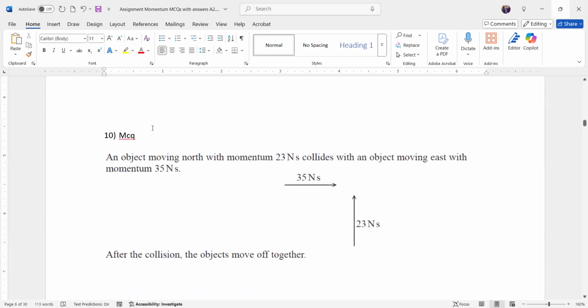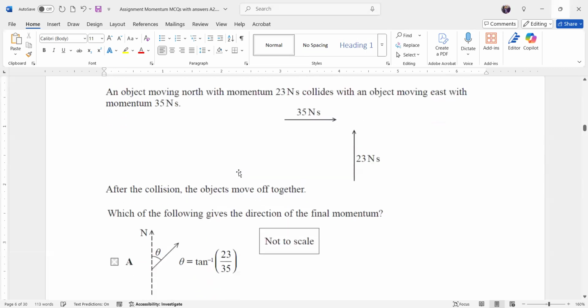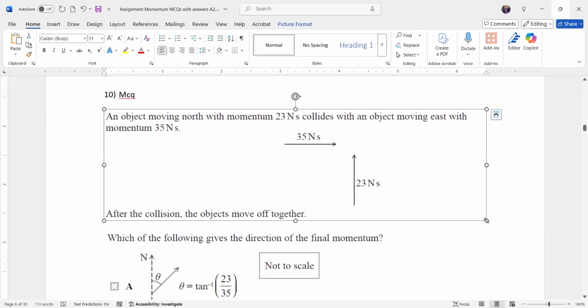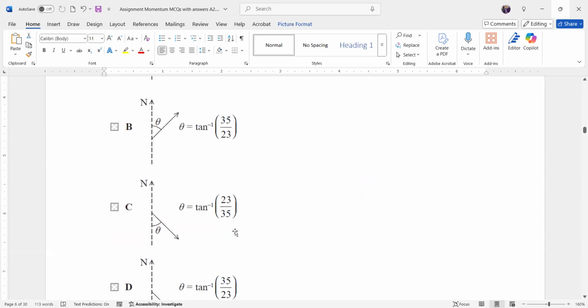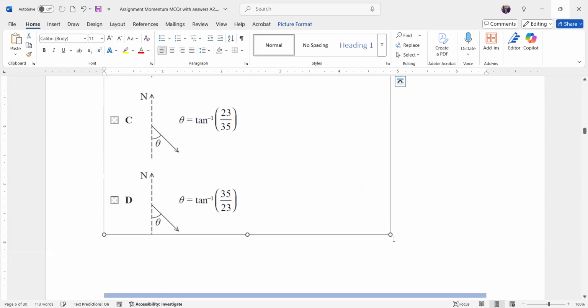Now, this is a similar question. Actually, it's the second part of the same question which we did, question 8. We have the two momentums. What could be the resultant and the magnitude of it, and how can we find the direction of the resultant?